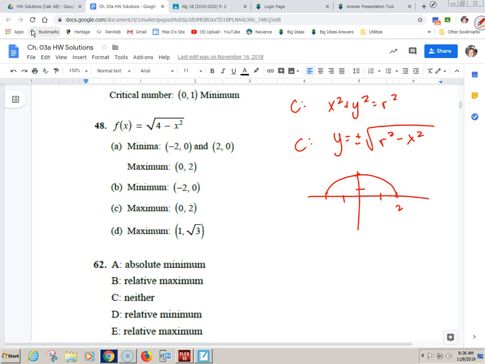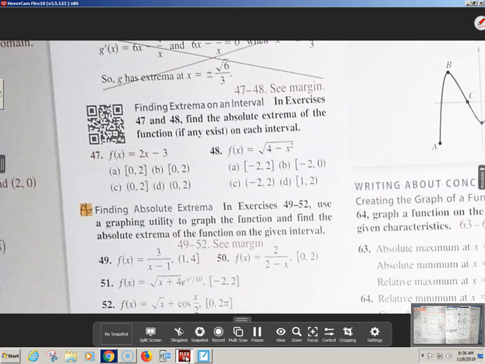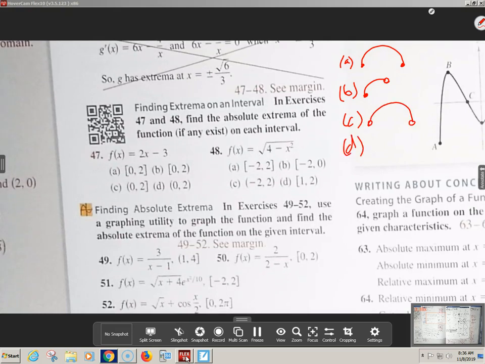And in context of the problem, you start to think about a semicircle with either A, closed endpoints, B, half closed, half open, C, open, open, D, ew.